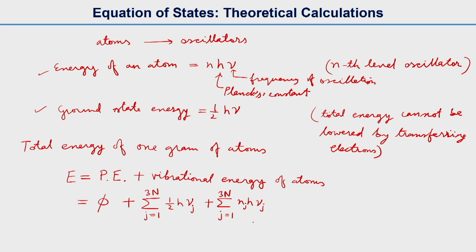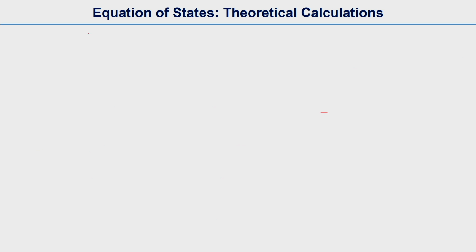Here, why are we writing 3N? Because we have N number of atoms, and 3N because there are 3 oscillators per atom, which means oscillations in 3 directions.